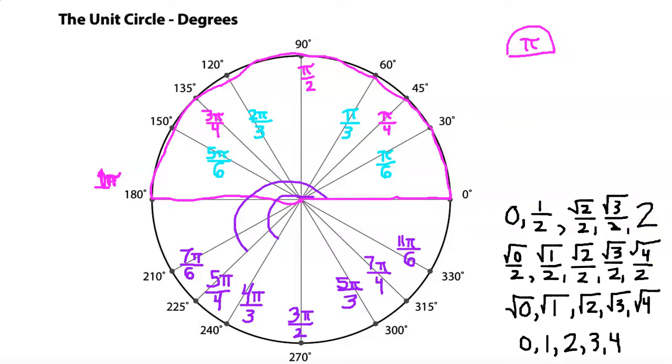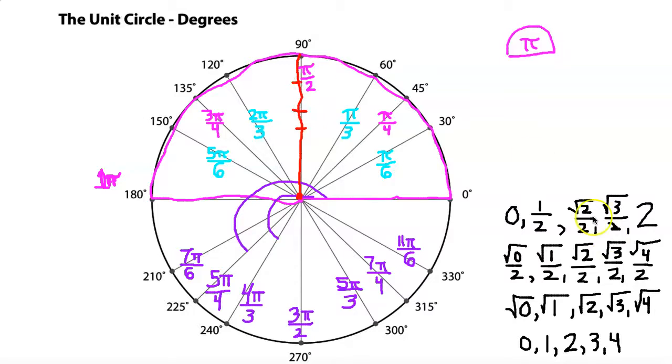Think of y in terms of height, right? Y is going from 0 up to 1. So your lowest height is down here. Then your next highest height is 1/2. Then your next is root 2 over 2. Then your next is root 3 over 2.